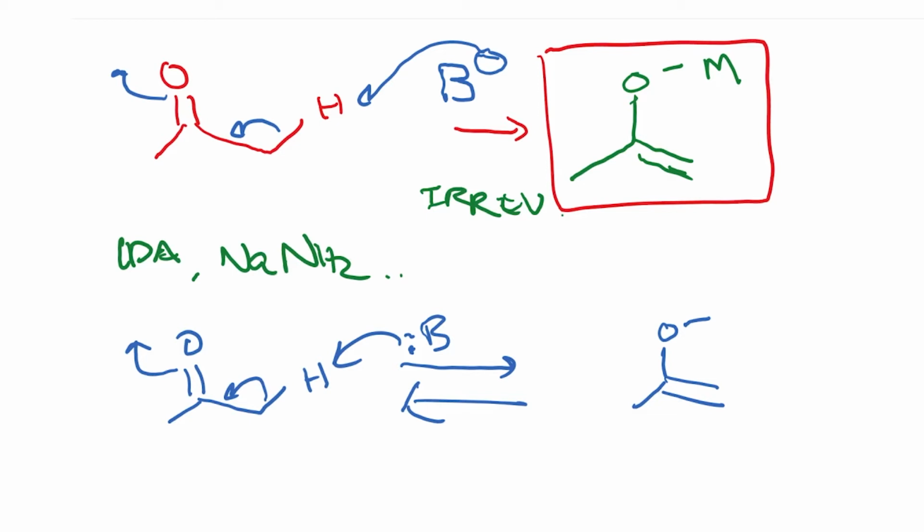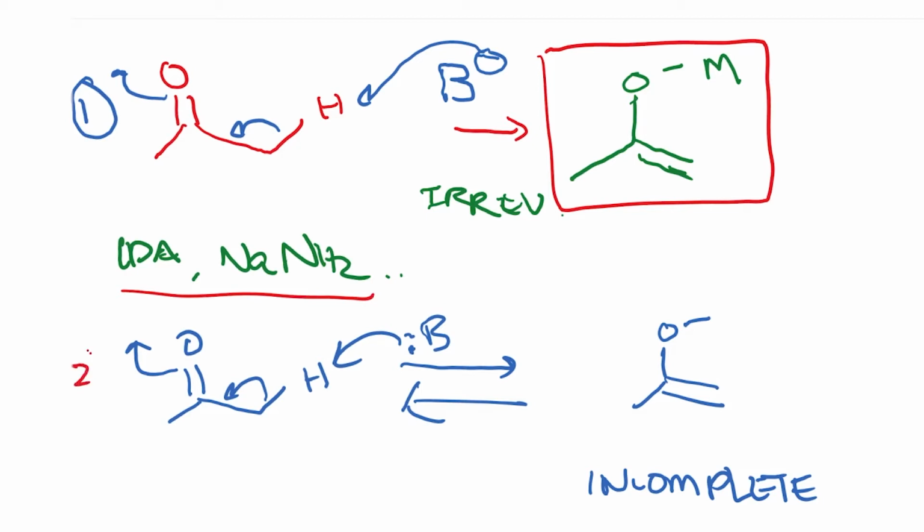When you use a weak base, the deprotonation occurs to some extent, and depending on the pK of the conjugate acid of the base, if it's comparable or lower than that of the carbonyl compound, then you end up getting an equilibrium. So this is basically an incomplete enolate formation.